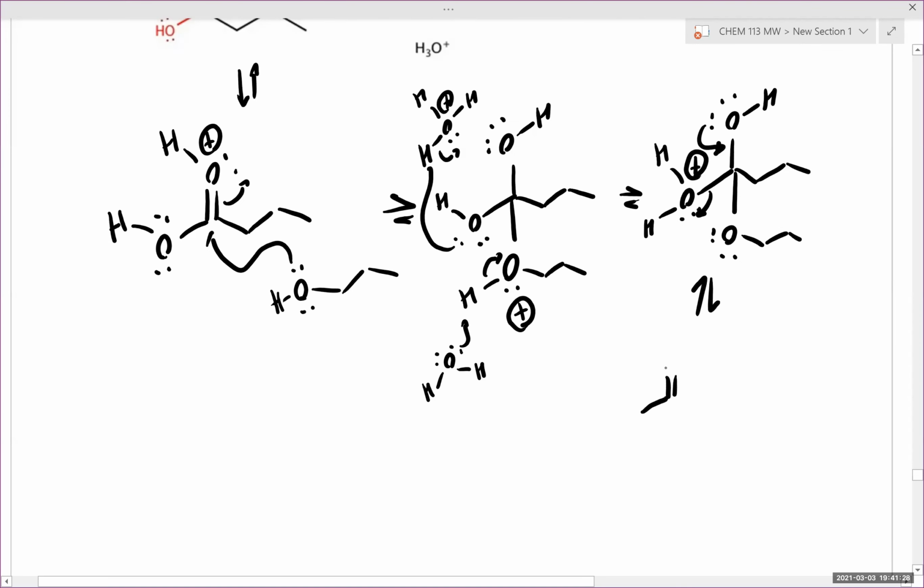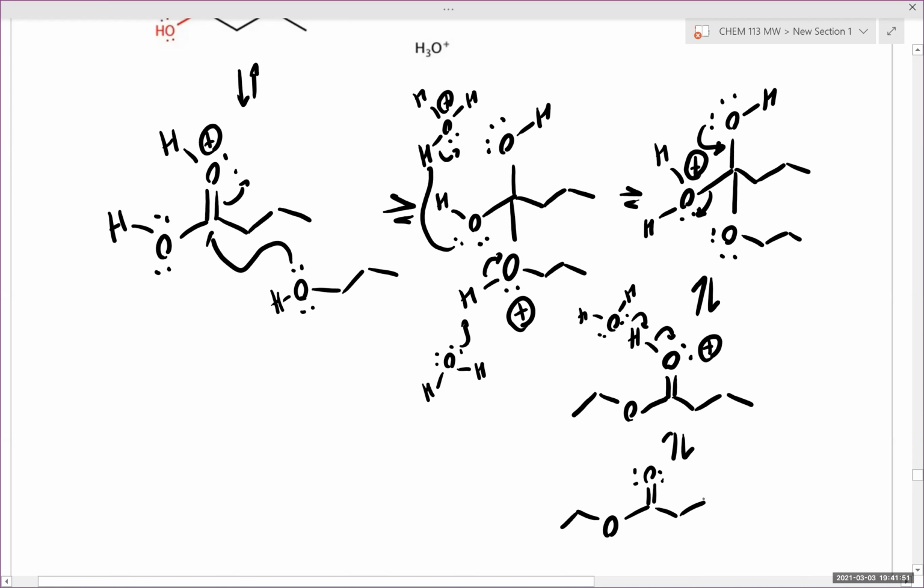So that in turn gives us the following protonated ester. And then for our last step, all we have to do is pull off our proton. There we go. And that generates our desired trans-esterification product. Perfect.